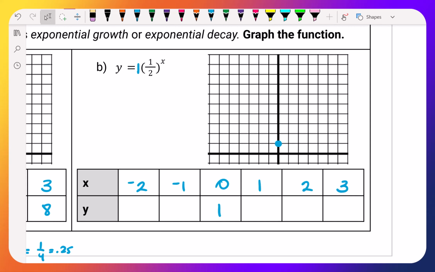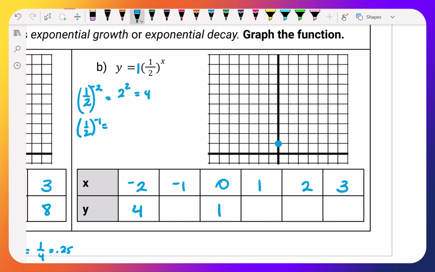Okay, and then you can just simply use your calculator. When you put like 1/2 to the power negative 2, I think that's going to be 2 to the power 2, which is 4. And I know that surprises you, but what you do is you write the reciprocal and it changes the sign. You can do it on your calculator, but you should also be able to do it without a calculator as well.